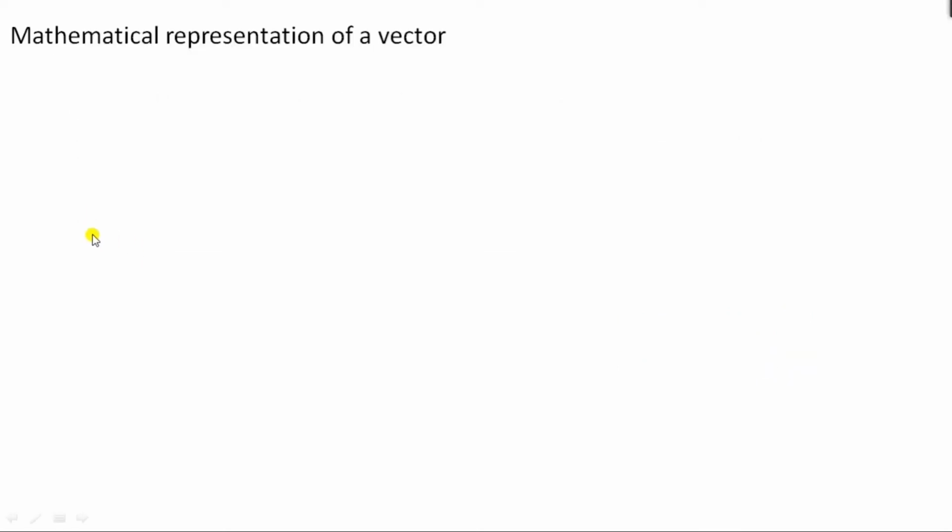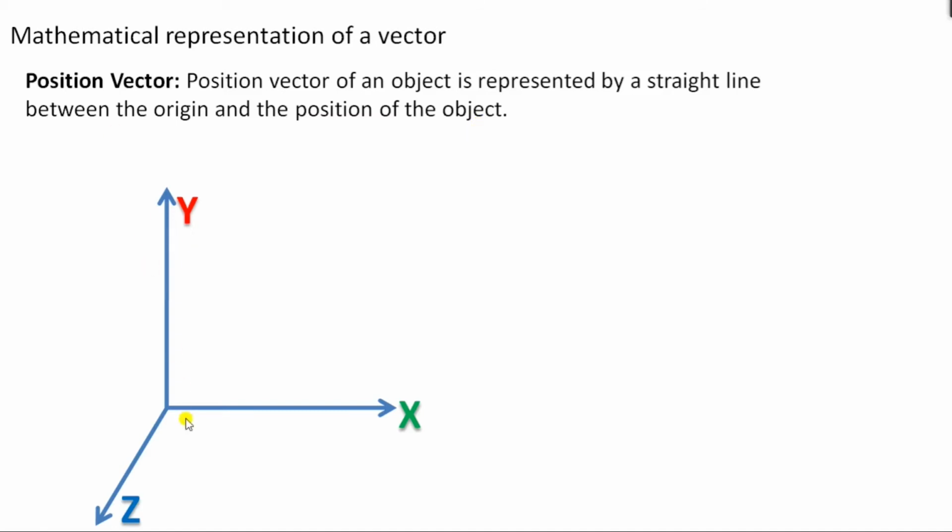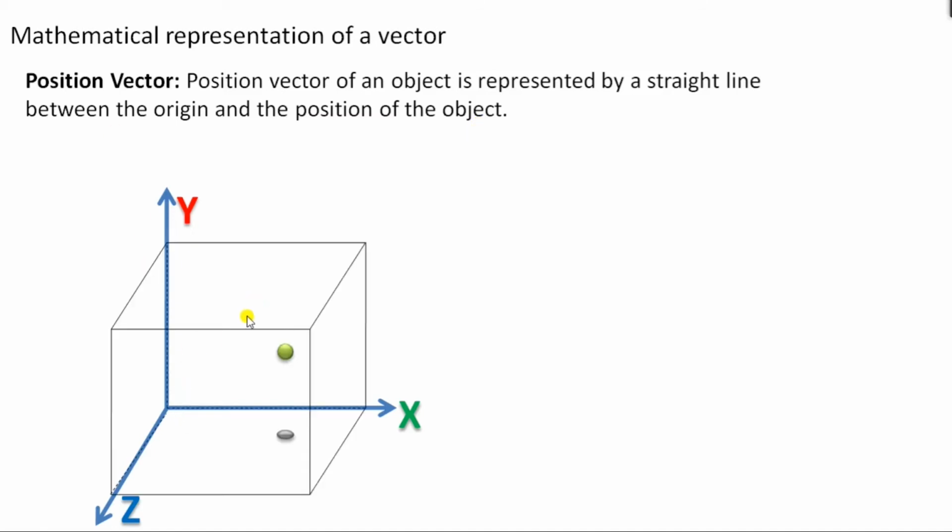So now let's represent a vector in mathematical form. To do that we make use of the position vector. The position vector of an object is a straight line between the origin and the position of that object. Suppose this is an xyz coordinate system, and we have one object, and this is the shadow of the object.